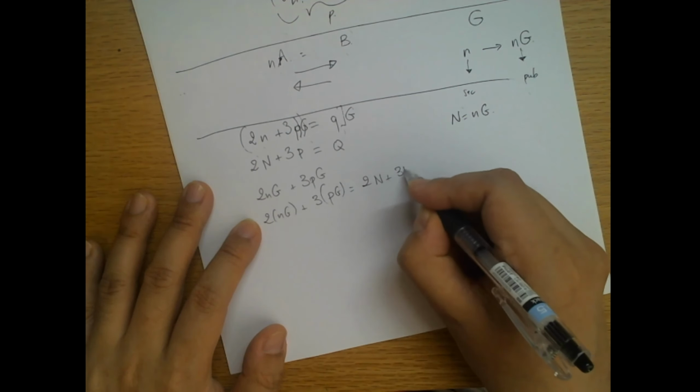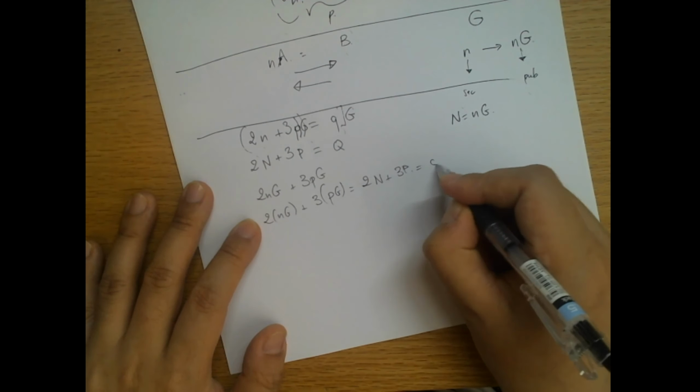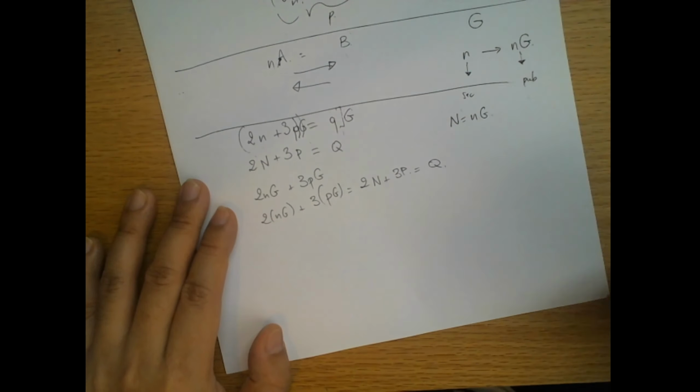So this is equal to Q, by the properties that we have about point addition. That's why it's super useful that this works out.